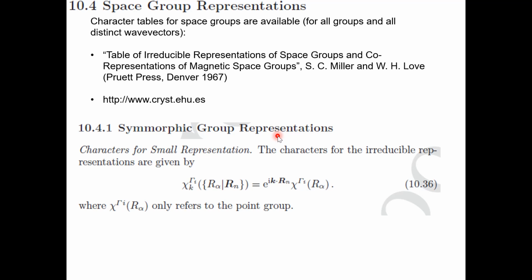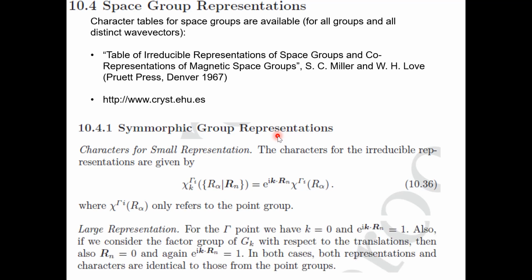This is what we call the large representation, and large representation we usually refer to the gamma point. And small representation, this is a notation.